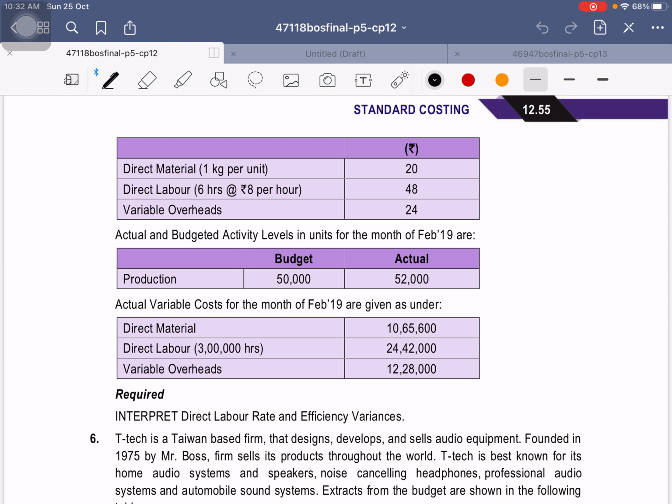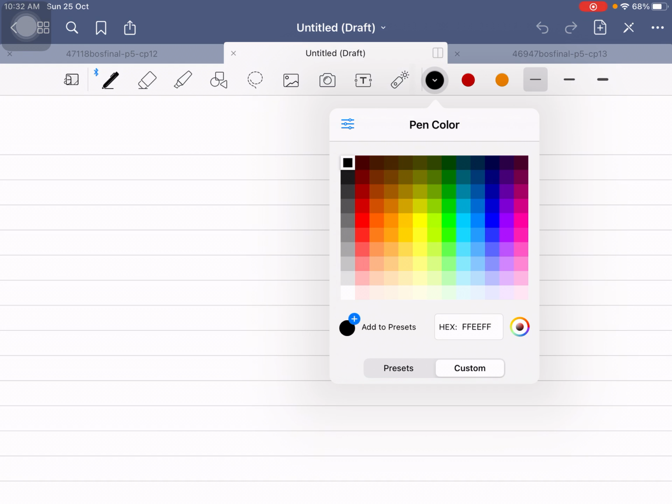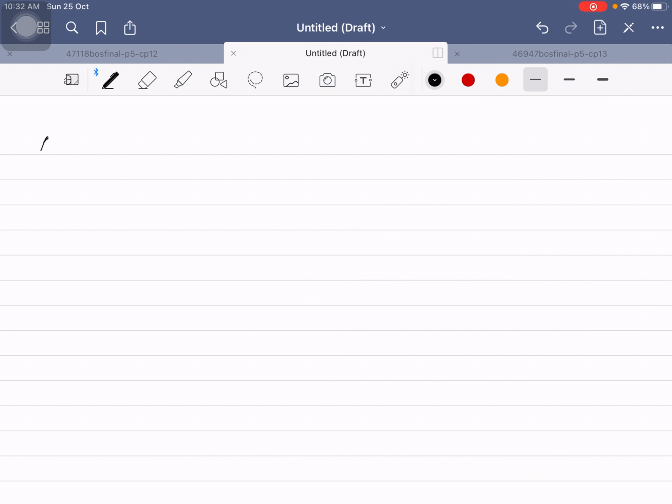So basically you are asked to compute the labor rate variance and efficiency variance, the labor cost variances. Now for the purpose of computing labor cost variances, what information do you require?